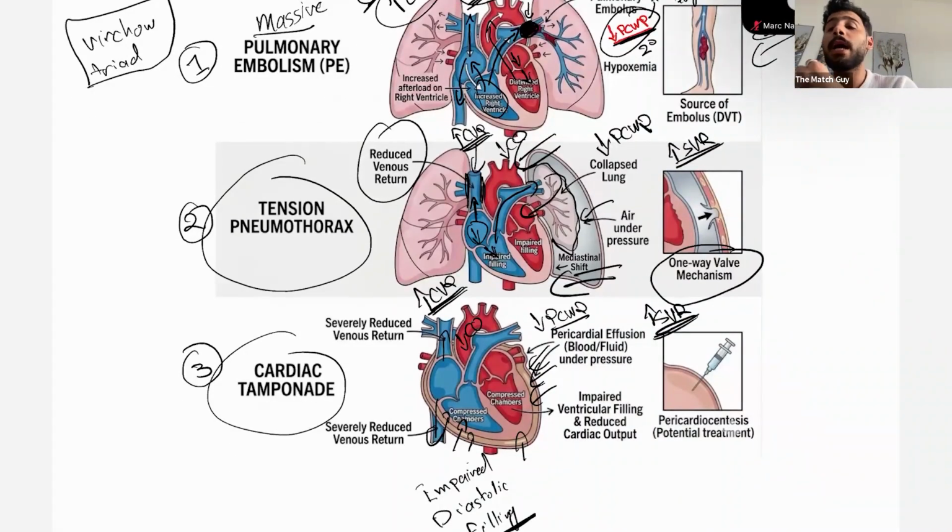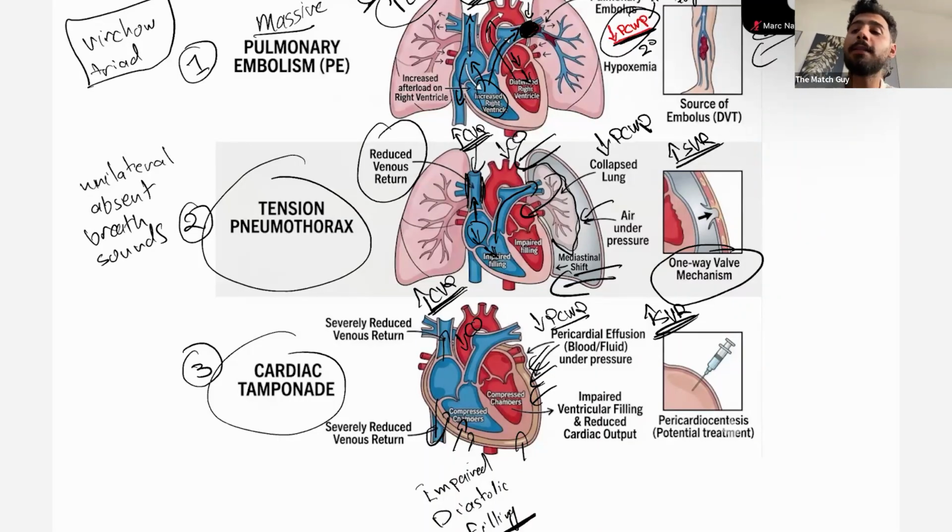Second of all, tension pneumothorax. Tension pneumothorax can either happen in the setting of trauma, or sometimes in the setting of chronic lung disease, like asthma or COPD. But what you characteristically are going to see is unilateral absent breath sounds from the side that is collapsed or from the side that has filled with air. In addition, you can also see hyperresonance on percussion. The percussion note of the lung is usually resonant because it's a hollow structure.